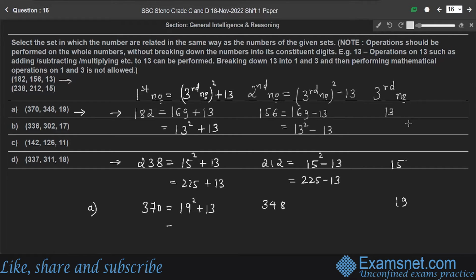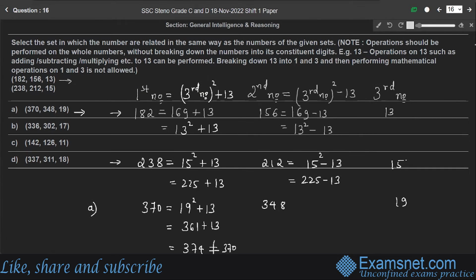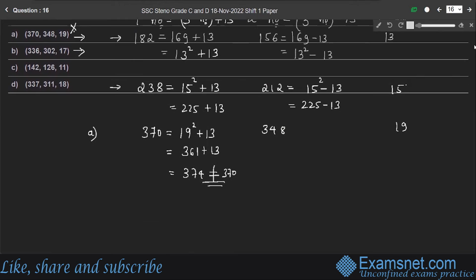We'll check. 19 squared is 361, plus 13 is 374, which is not equal to 370. Therefore, the first option doesn't follow the logic of the given sets of numbers. No need to go for the other two numbers. We'll directly go for the second option, option B.